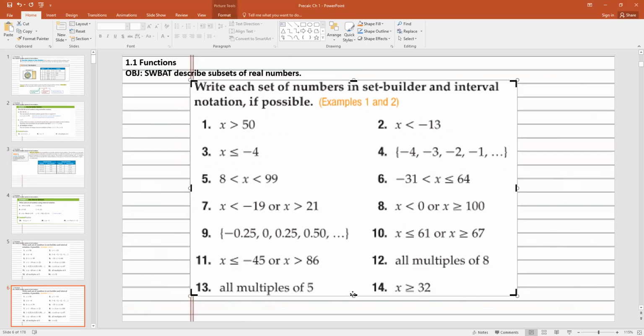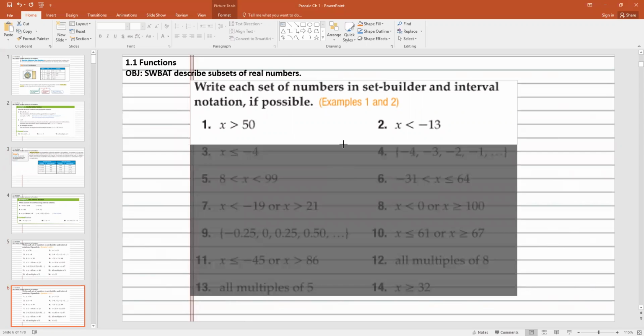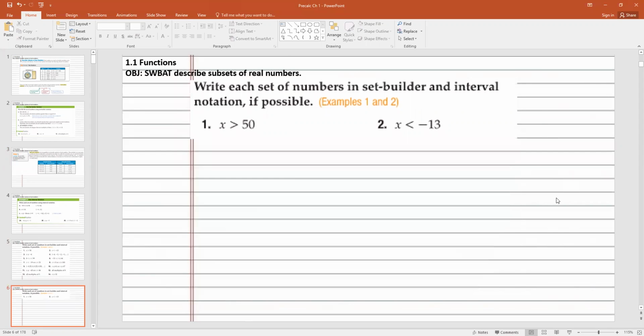I'm going to crop this one. All right, so what is our variable? Our variable is x. And then we want such that, and then we put our rule: x is greater than 50.